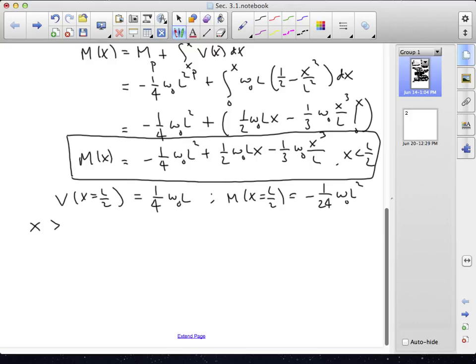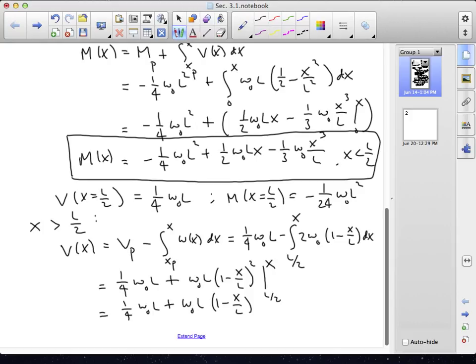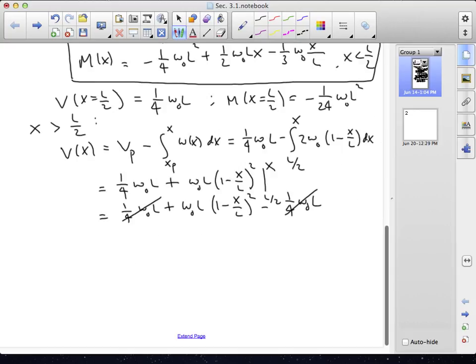So for x greater than L over 2, again using our expression, we're integrating from L over 2 to x, and in this case the contribution from the lower limit gets rid of the leading term, and we end up with an expression for V of x, which is simply W0L times (1 minus x over L) quantity squared.